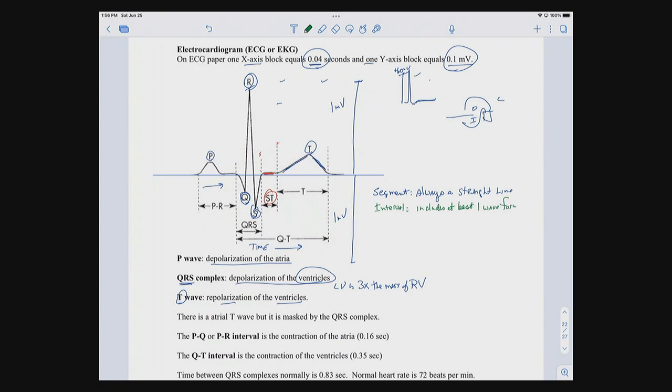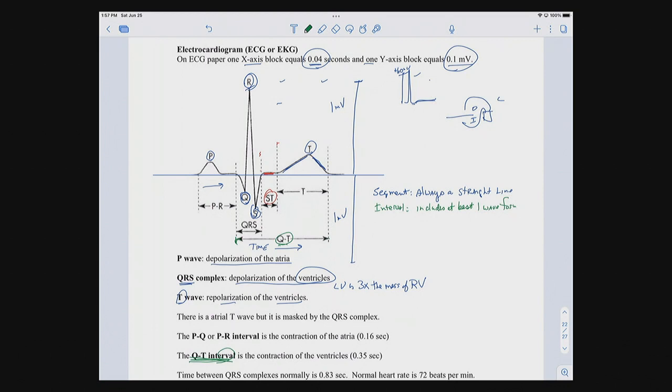So we have in this case here a QT interval right there. And it's from here to here, so the letters kind of tell you what's going on. It goes from the beginning of the Q to the end of the T. And again, it is an interval because it has at least one waveform.